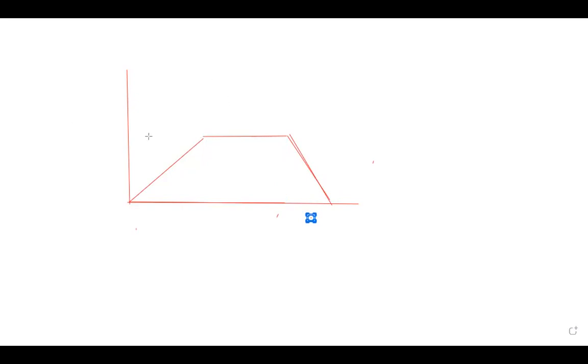For example, I mention here some values. This value is 30. This one is 3 seconds. This one is 8 seconds. And this one is 10. If they ask how much distance is covered in the first 3 seconds, I draw a line here, then it will be a triangle. We have a triangle, then calculate the area of this triangle.